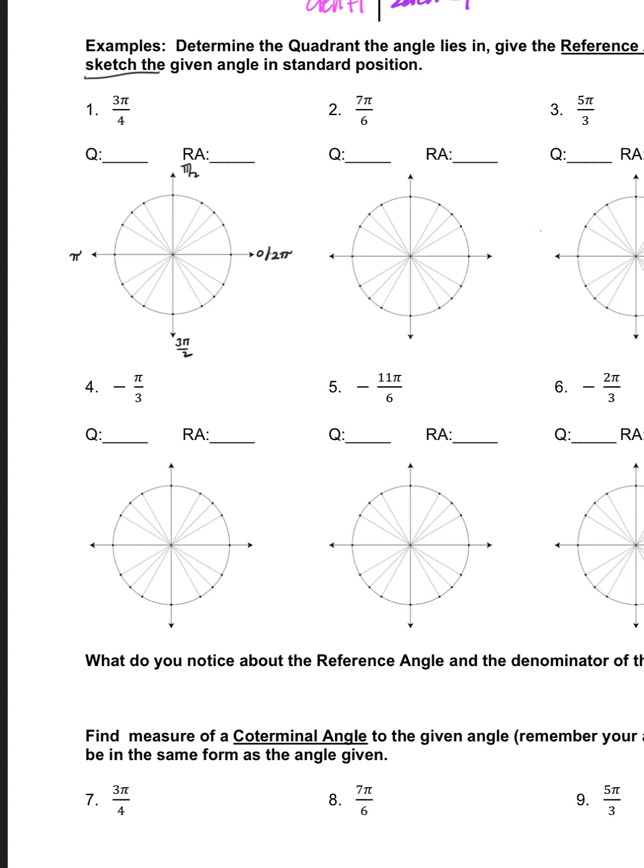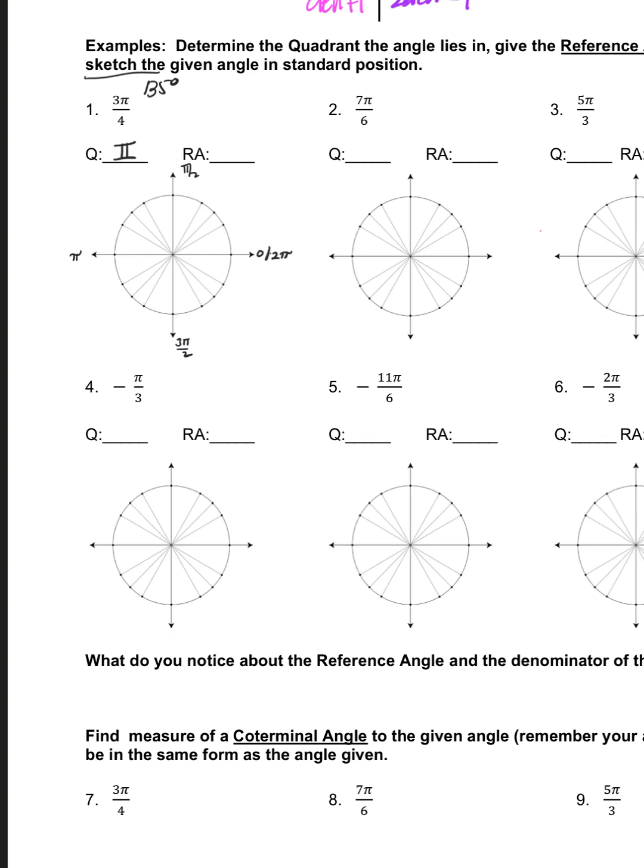Okay, so 3 pi over 4 is in quadrant 2, is 135 degrees. So this is 135 degrees. Okay, so that is going to be in quadrant 2. So again, the different things to remember where things are depend on what's easiest for you to use. Okay, so you still have to do it in standard position, and so forth.